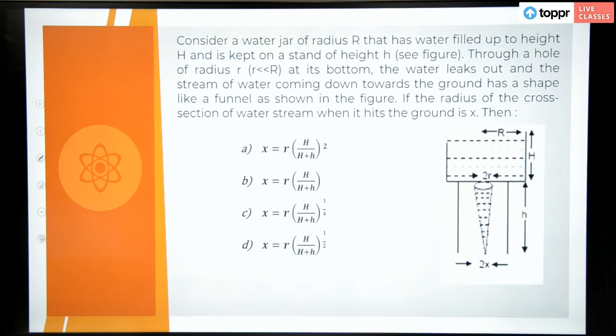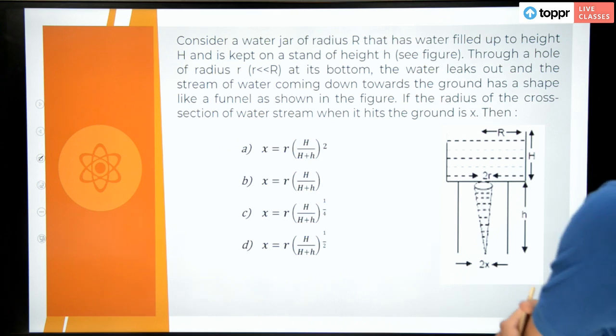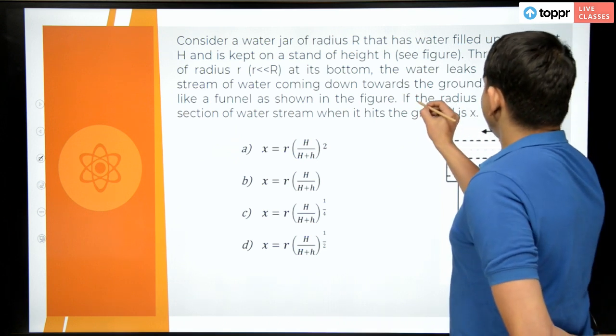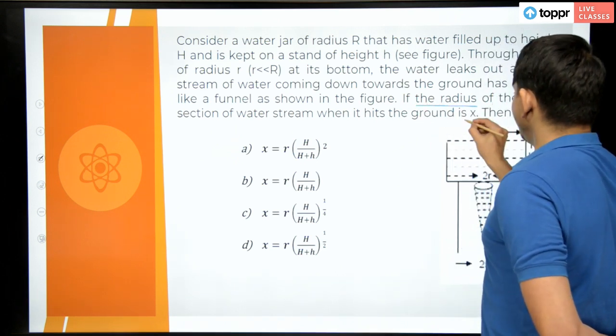Through a hole of radius r, where r is much smaller than capital R, at its bottom, the water leaks out and the stream of water coming down towards the ground has a shape like a funnel as shown in the figure. If the radius of the cross section of water stream when it hits the ground is x, then it tells us that the radius is x.